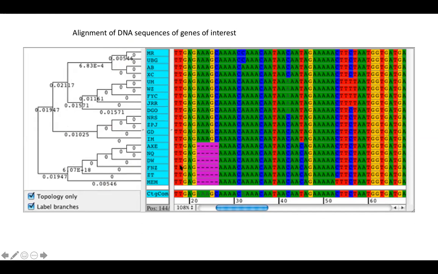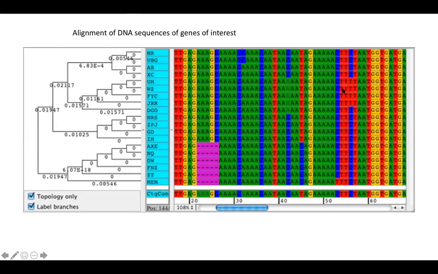So here we can see the T is conserved, the G is conserved, the A is conserved. Here, for whatever reason, in these sequences are now missing. So there's been a deletion here. Okay, and so you can see that this computer program, because this will be done by a computer program, has created a separate branch for these living organisms because they are more similar to each other and more dissimilar to all of them.